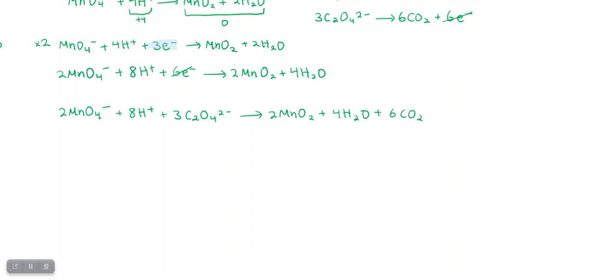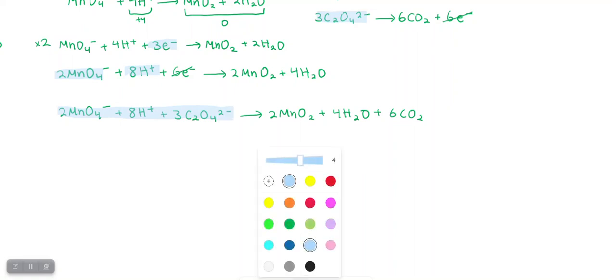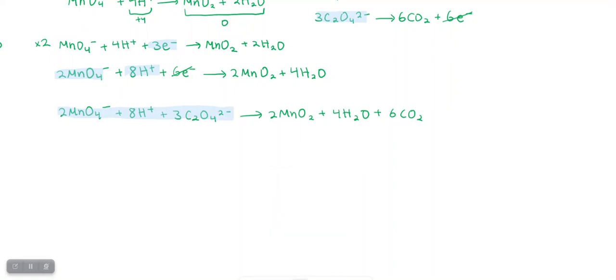And that step might be a little messy, so I think I'm going to highlight everything just to make it more clear. So the reactants are all on the reactant side and the products are all on the product side.